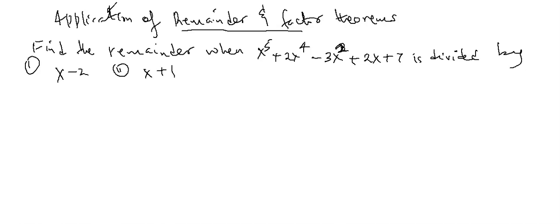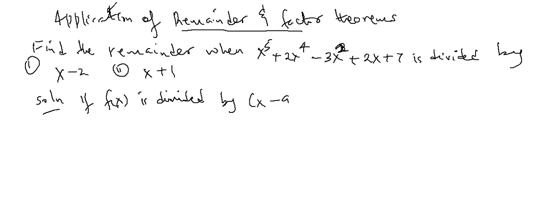Note that we can use the long division to find the remainder, but now we want to use the remainder theorem. And the remainder theorem states that if, for example, you are given f of x divided by a linear function x minus a, then if there is no x term that remains in the remainder, and then we have f of a is equal to r, then r is the remainder.